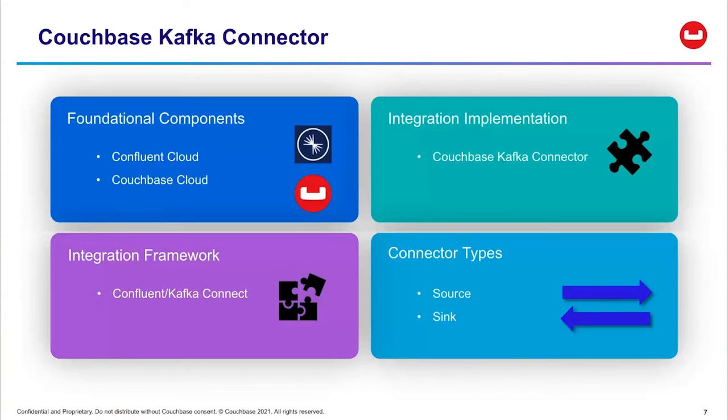Essentially, we have developed a connector that plugs into Couchbase that allows changes out of Couchbase to propagate to Kafka. And then the integration framework that it plugs into is the Confluent Kafka Connect interface. We support different connector types, such as Couchbase being a source as well as a sink, meaning a target destination for Kafka. So you can have Kafka topics populate a Couchbase cluster.